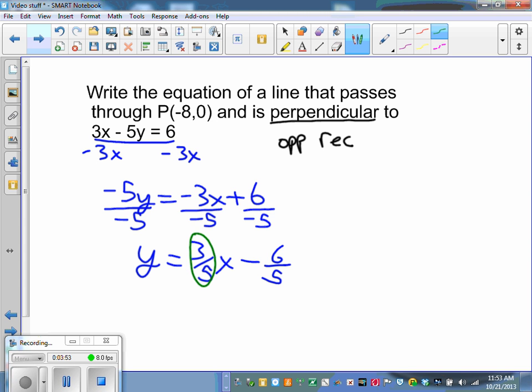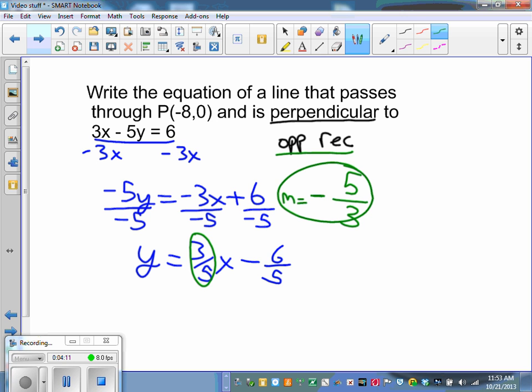However, we don't want a line parallel, so we don't want the same slope. We want its opposite reciprocal. So I'm going to flip it, and because it was positive, now I'm going to turn it into a negative. So this is the slope that we want. Now we're back to the same kind of thing as before.